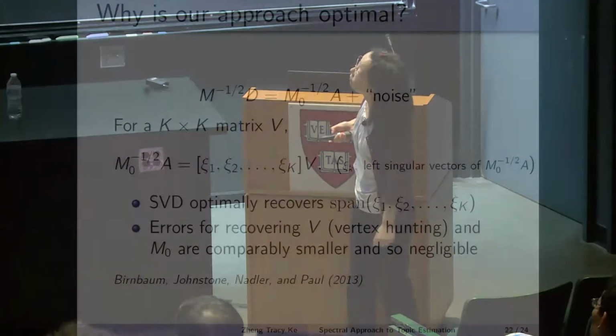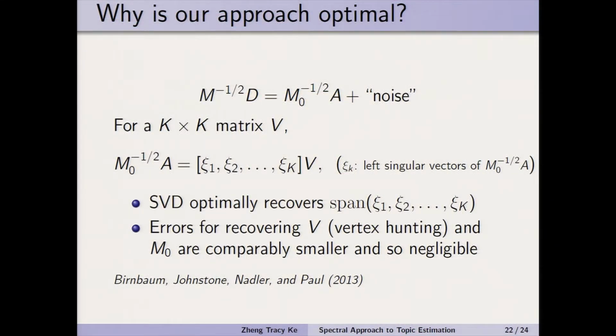Then we found that there is some fundamental reason for the optimality. Using linear algebra, we know that the column space spanned by the topic vectors, the topic matrix, and the linear space spanned by the singular vectors is actually the same space.